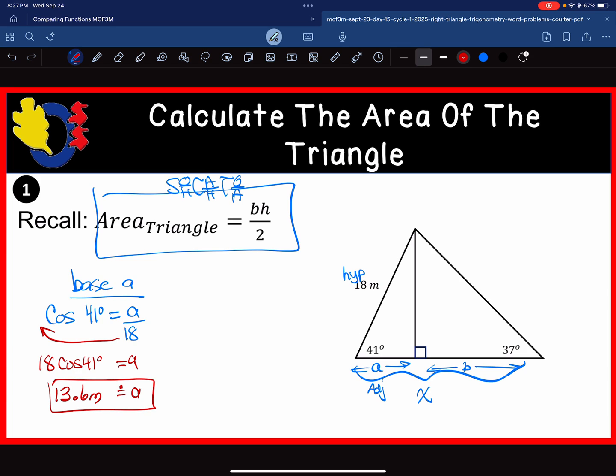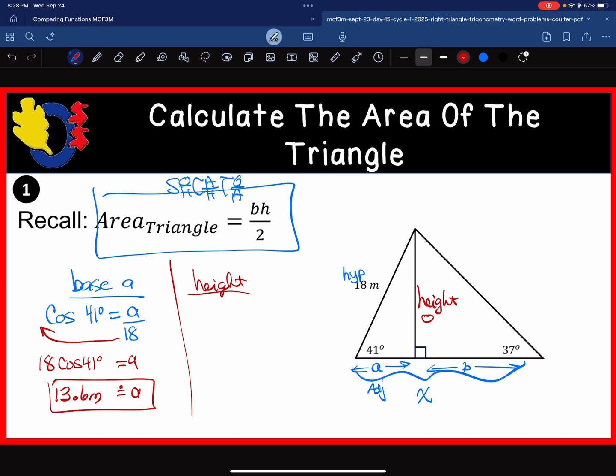Okay, next we need to figure out the length of y, but in order to do that, we actually need to figure out the height first because we don't have enough information in that second triangle. So let's go ahead and figure out the height. Okay, so the height is across from our marked angle, so that's an opposite.